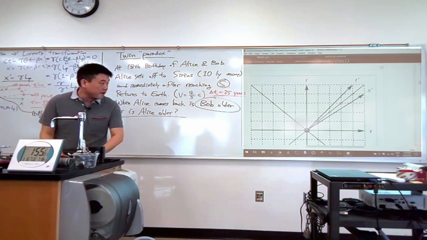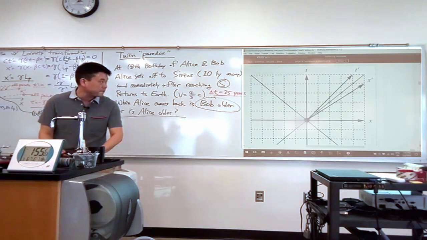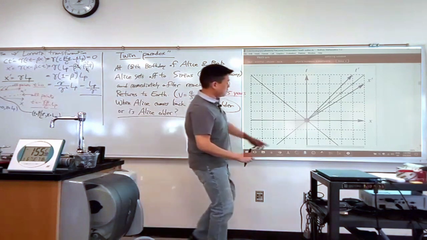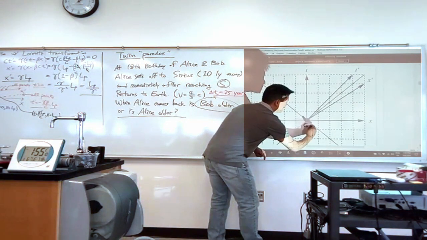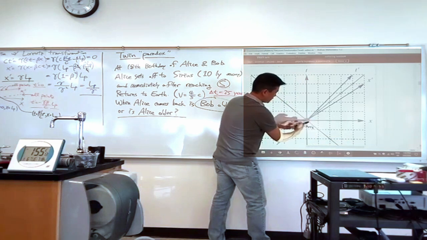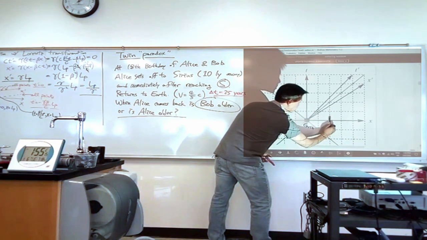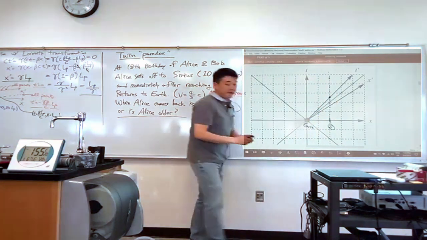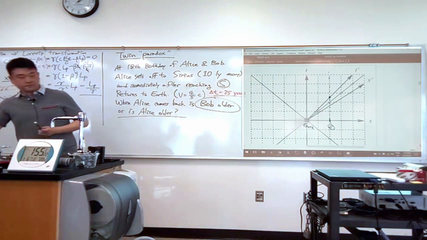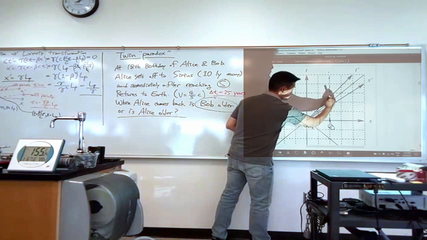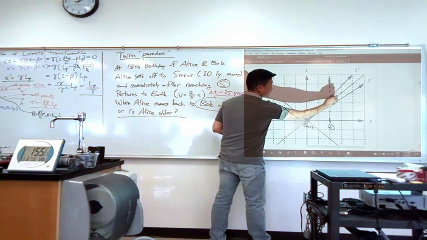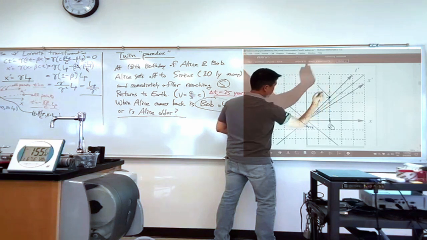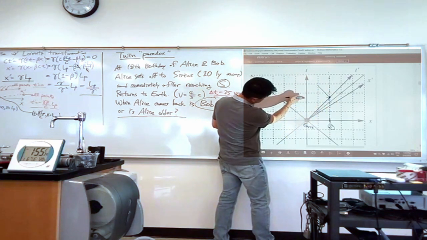Let's say that the unprimed coordinate is Bob's reference frame, and the primed coordinate is Alice's reference frame. So this is Earth. Let's say Sirius is somewhere here. So Alice reaches Sirius here, and upon reaching that point, she comes back at the same speed.